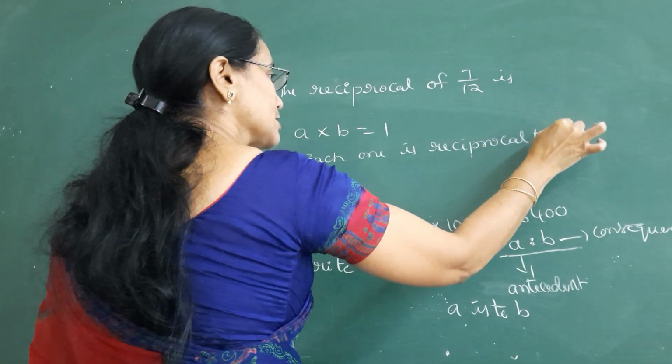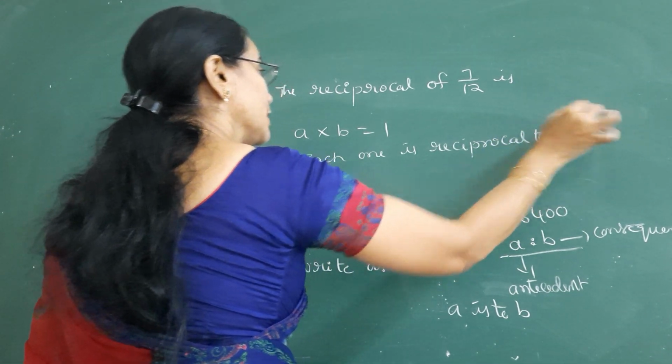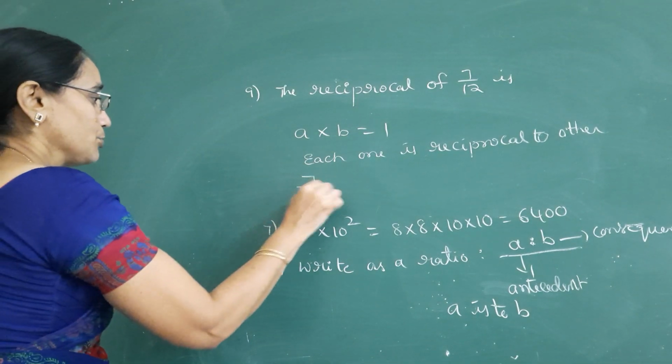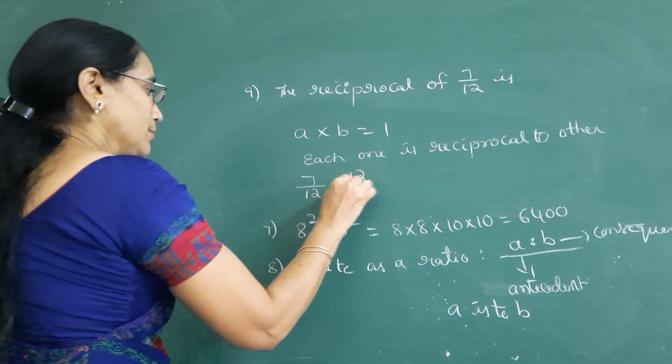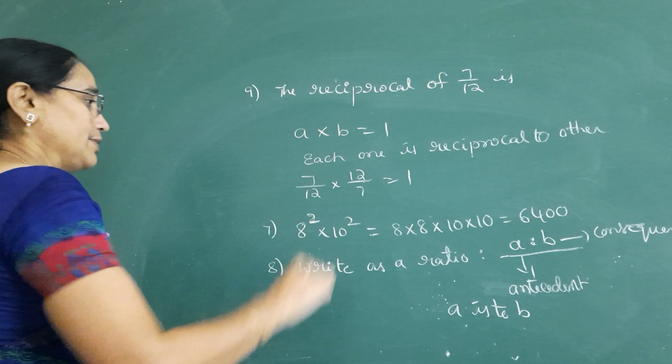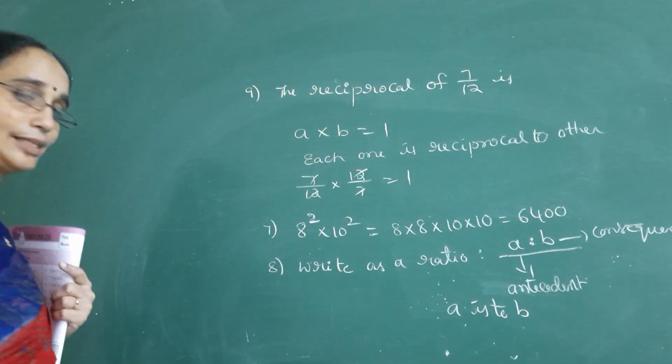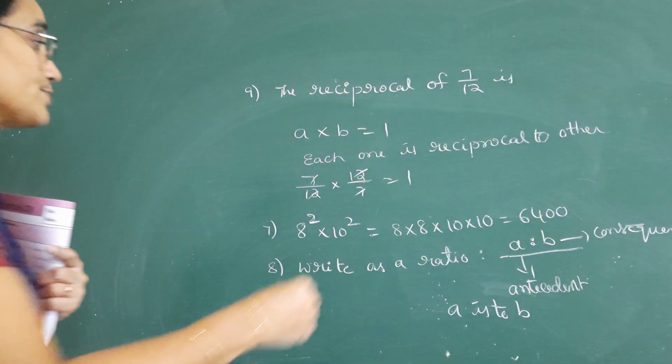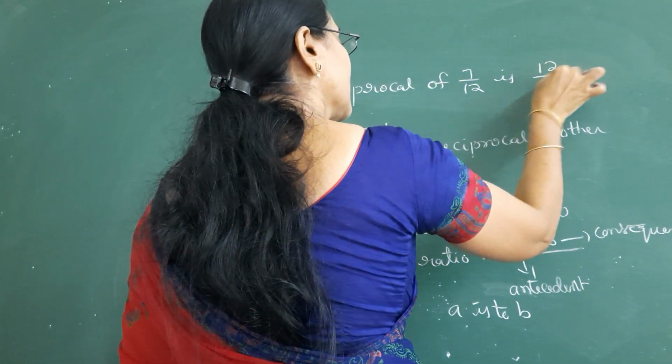Okay, na? Observe here they have given 7 by 12. How much do you multiply to get 1? 12 by 7. 7 sevens cancel, 12 twelves cancel. So the reciprocal of 7 by 12 is 12 by 7.